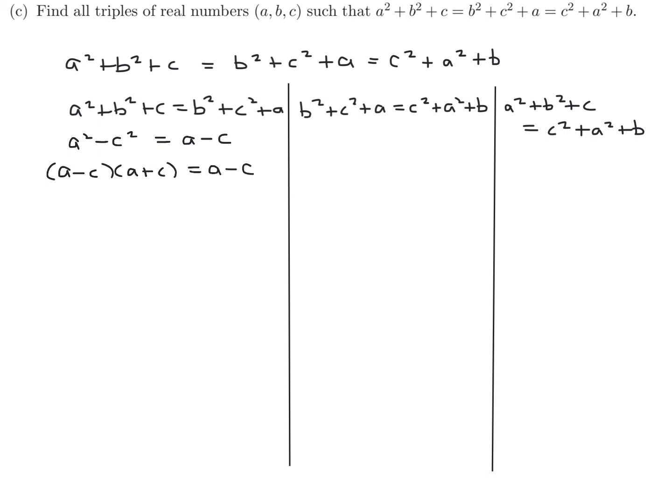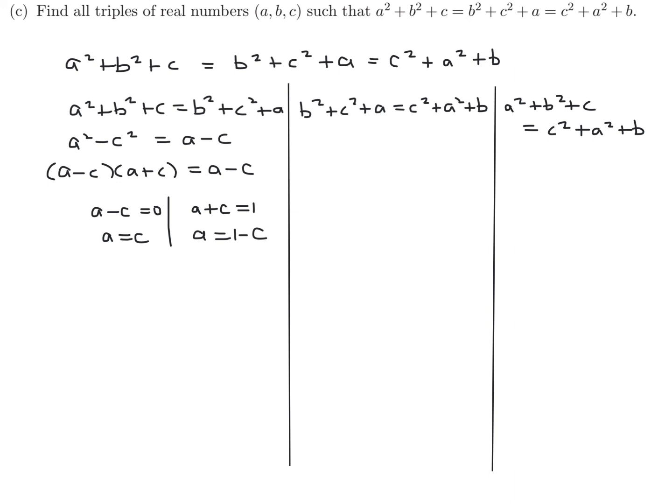Now, we don't have any restriction this time, so this basically means that either a minus c is equal to 0, which would mean a is equal to c, or it means that a plus c is equal to 1, and that would mean that a is equal to 1 minus c. Okay, so that is our first sort of finding, I guess.